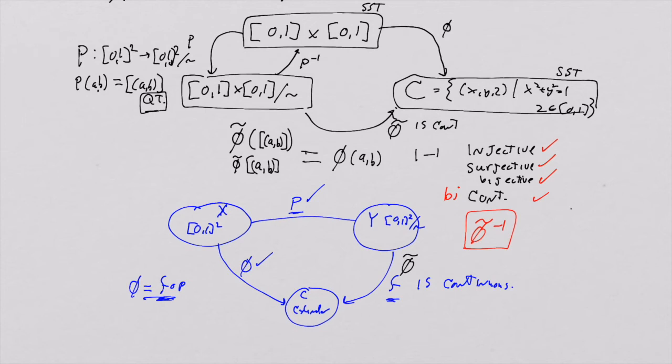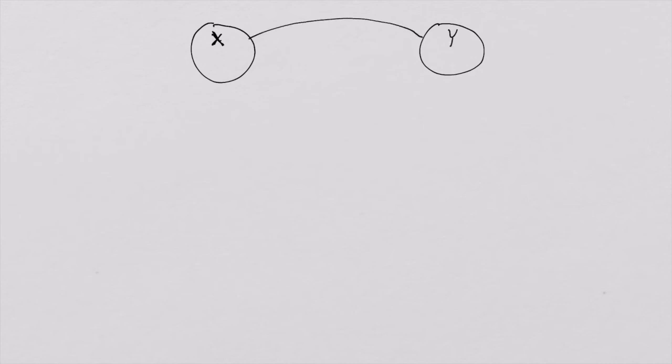It basically says if you have a bijective and continuous function between a compact space and a Hausdorff space, then that function is a homeomorphism. So let's have a quick look at what that's all about. So now we're going to divert again and talk about this idea. We have a topological space X and a topological space Y with a function between them.